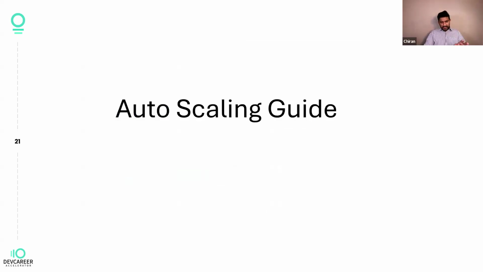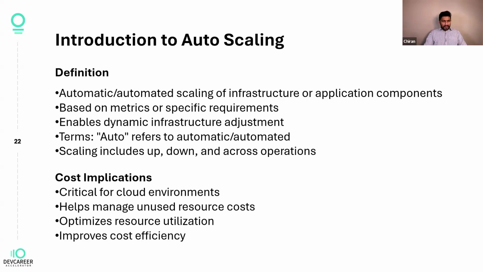Okay, this is auto scaling, which is another concept. We talked about automation, we talked about CI/CD, we talked about security, and now we're going to talk about auto scaling. Auto scaling, by definition, is automatic or automated scaling of infrastructure or application components. Auto scaling is not only for cloud native or Kubernetes.